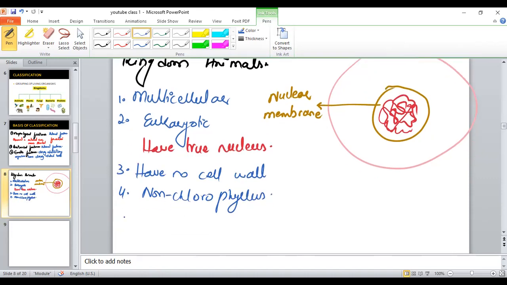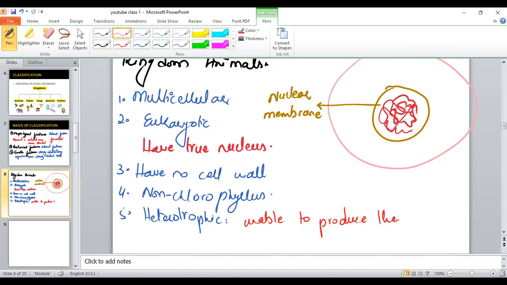So they are called heterotrophic. Heterotrophic means unable to produce their own food. When they don't have chlorophyll, obviously they cannot perform photosynthesis.